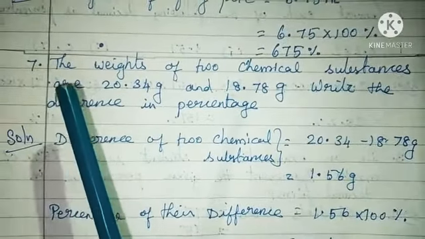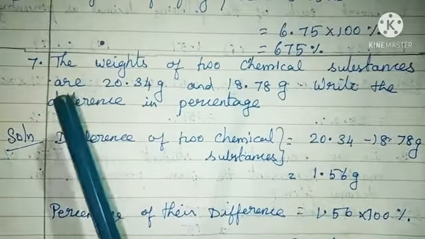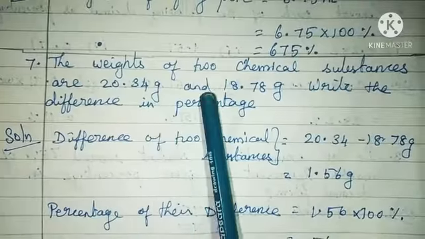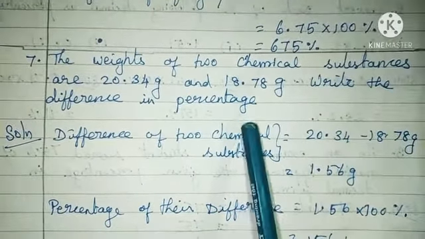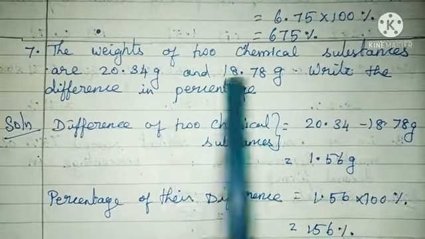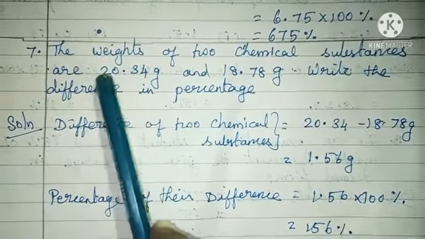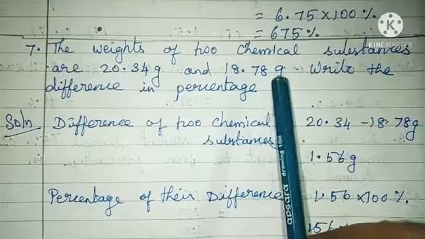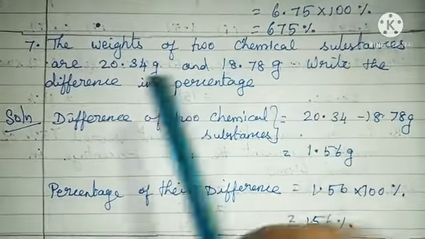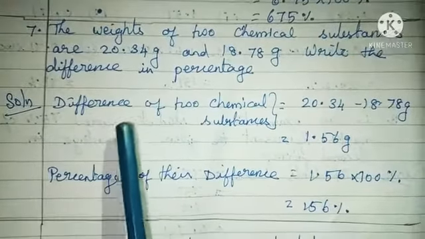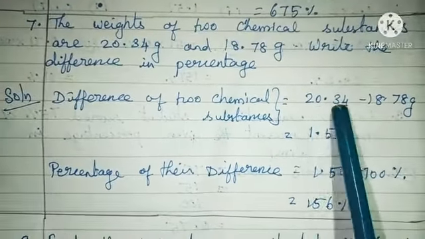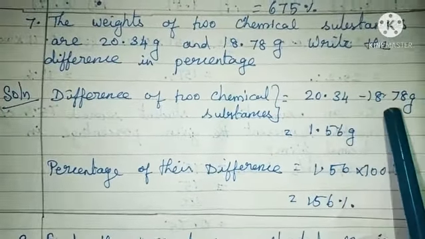The seventh sum, weight of the chemical substances are 20.34 gram and 18.78 gram. Write the difference in percentage. Here the weight of two chemical substances is given as 20.34 gram and 18.78 gram. You have to find out the difference in percentage. For that, first we are going to find out the difference of the two chemical substances, that is 20.34 minus 18.78.